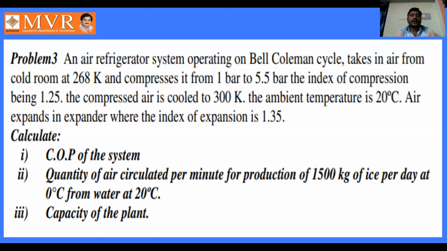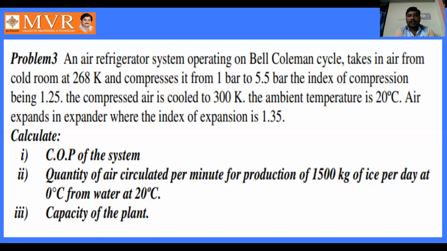Hence, by using the above given data from the problem, we need to calculate the coefficient of performance of the system, and the quantity of air circulated per minute for producing 1500 kg of ice per day at 0 degrees Celsius from water at 20 degrees Celsius, and the capacity of the plant.